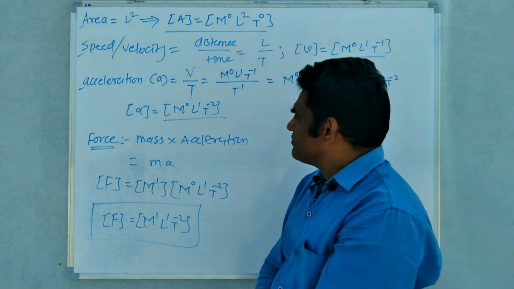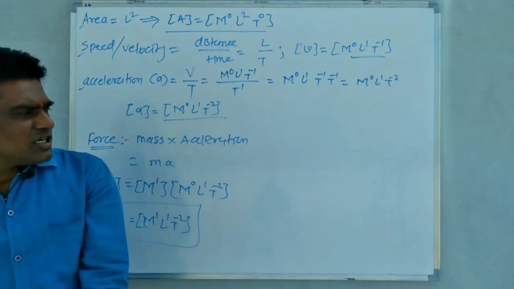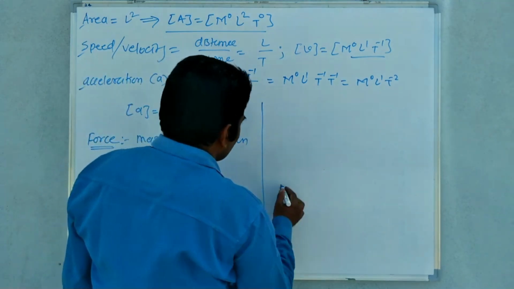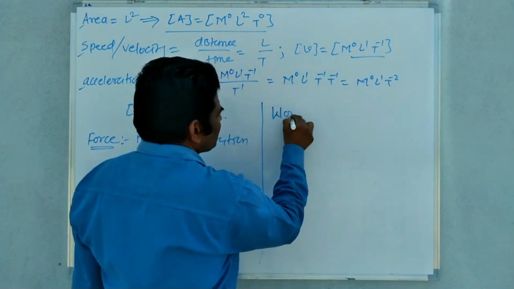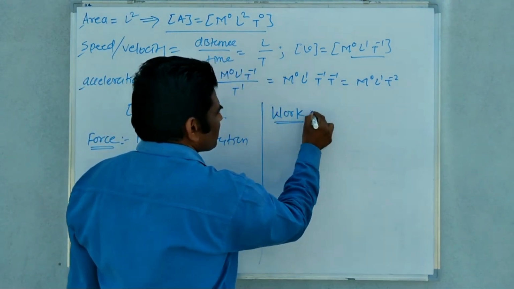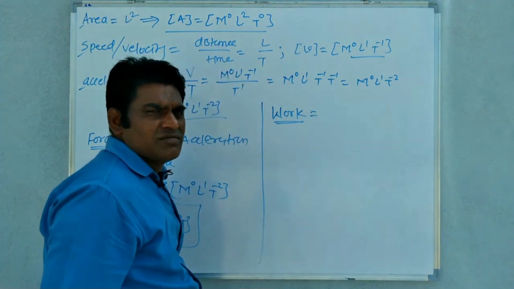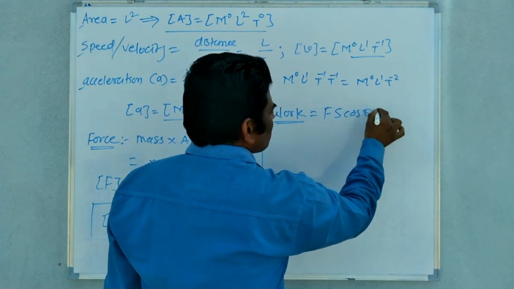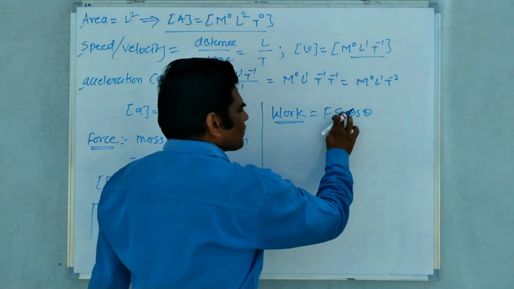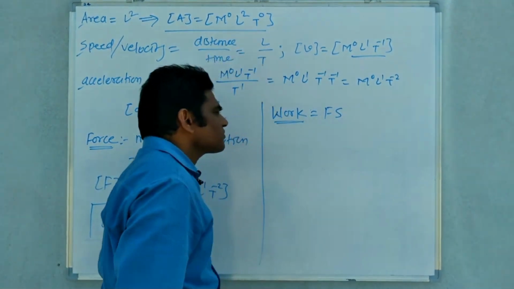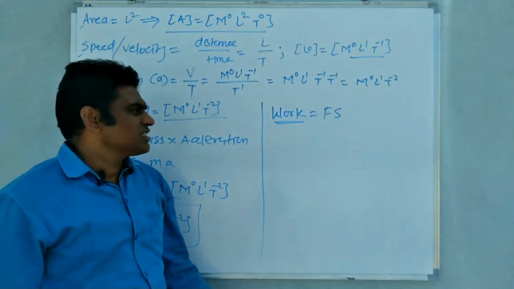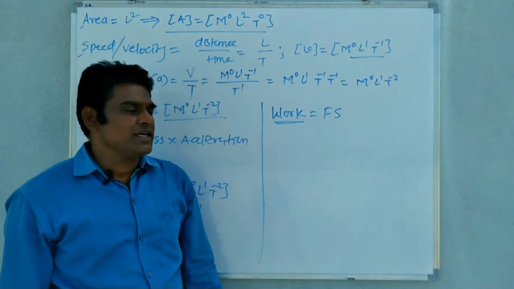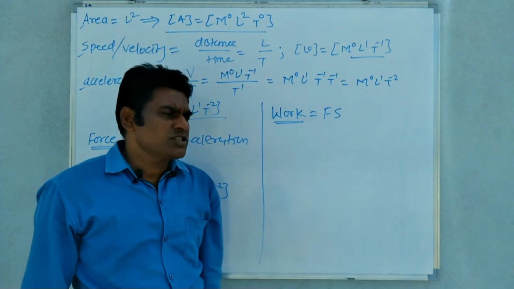Then the next physical quantity is work. What is work? Force into displacement. In work, power and energy we will discuss in detail what work exactly is; here force into displacement is work.